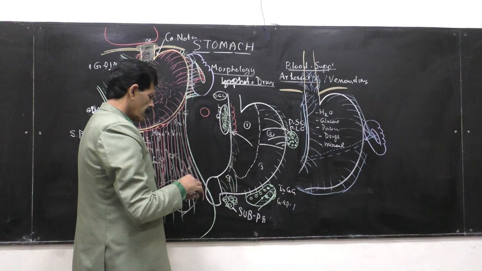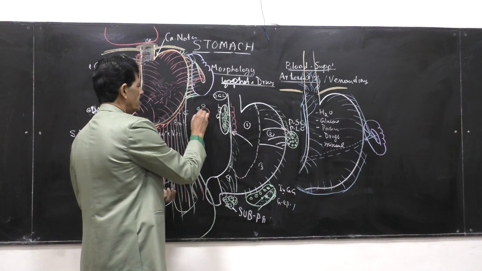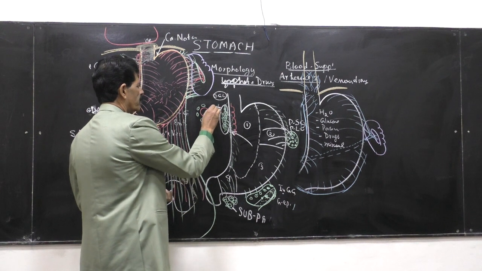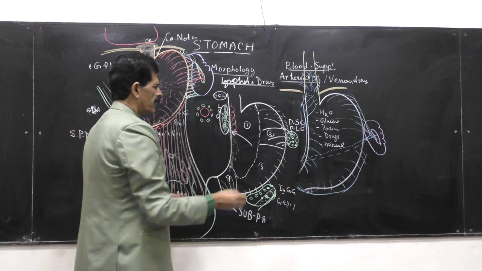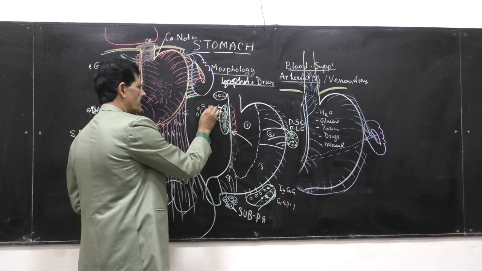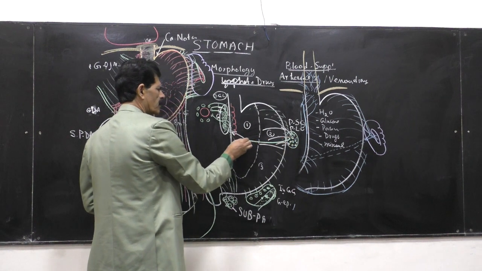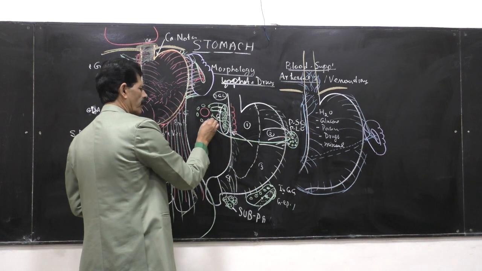So lymph nodes are also present around the celiac trunk, the celiac group, and the left gastric or superior gastric lymph nodes drain into this. And again, the second group also comes and drains into the third group.